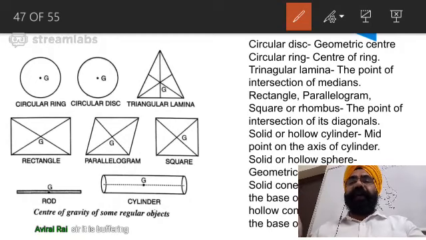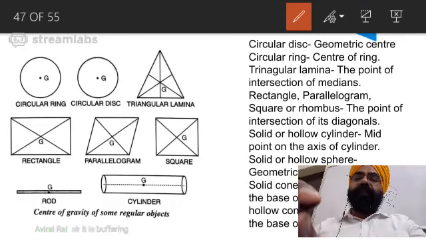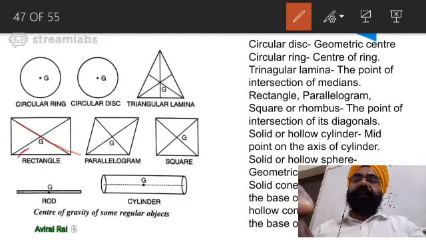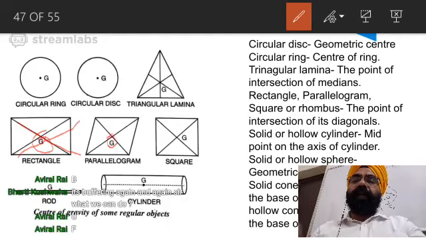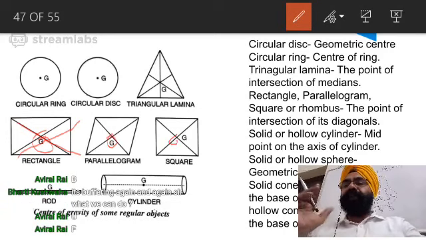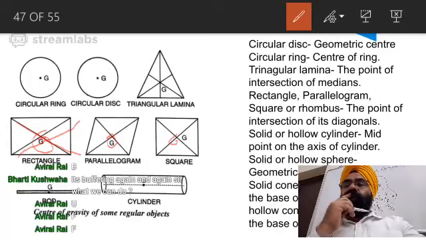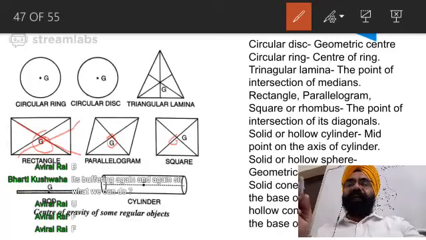In case of a rectangle, a parallelogram, a square or a rhombus, it's very simple. Wherever the two diagonals intersect, the center of gravity will be there. Now we go to solid or hollow cylinders.